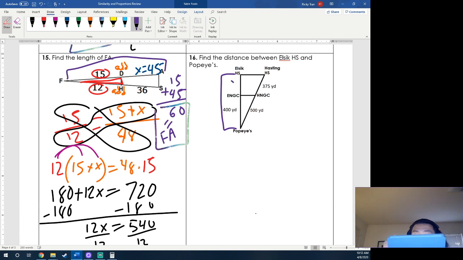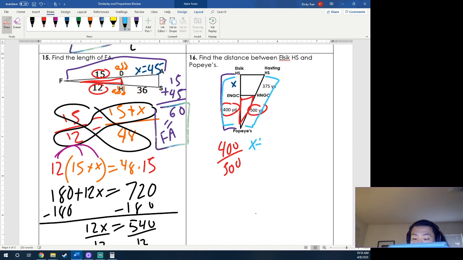We're going to call this X. Start with the small triangle here, 400 over 500. And then we have the big side, which is here and here.